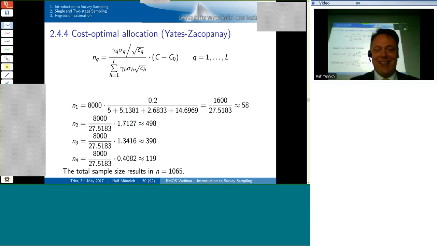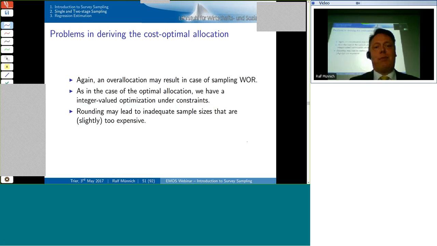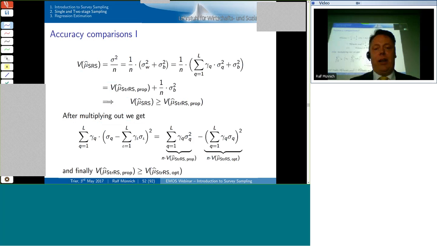So again, we have an example, but I think we should not tackle that. I would love to get at least this second part. Again, we have the same problem: cost optimal allocation also has the problem of overallocation and certainly the integer problem like the others.